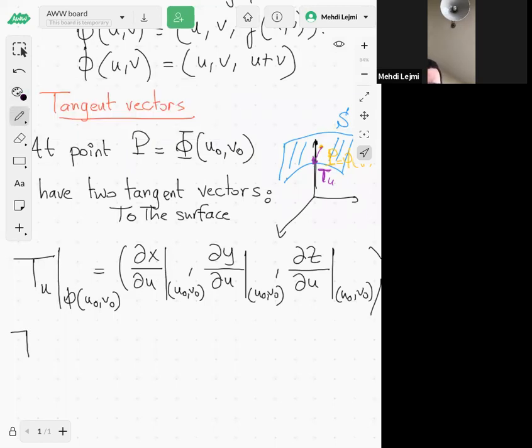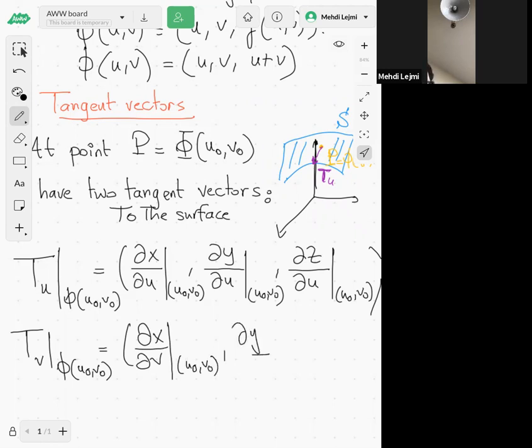It's T index v, at the point P. So that will be the derivative with respect to v. Okay, so we have a second tangent vector. This is T index v.